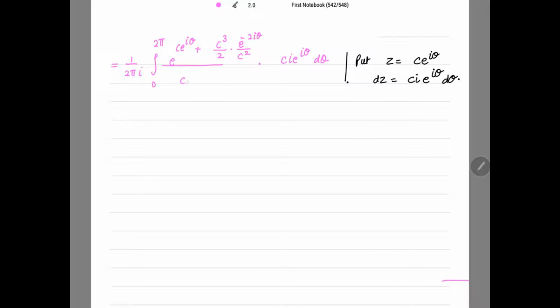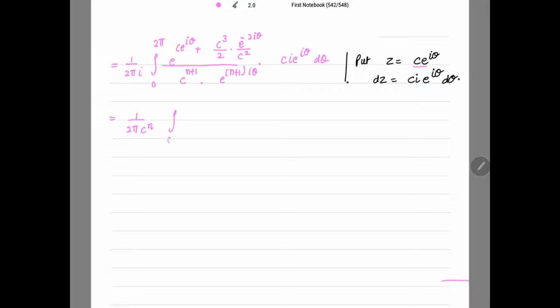So this will be c to the power n plus 1 because z is c e to the power iota theta, and e to the power n plus 1 iota theta. Clear? Alright.